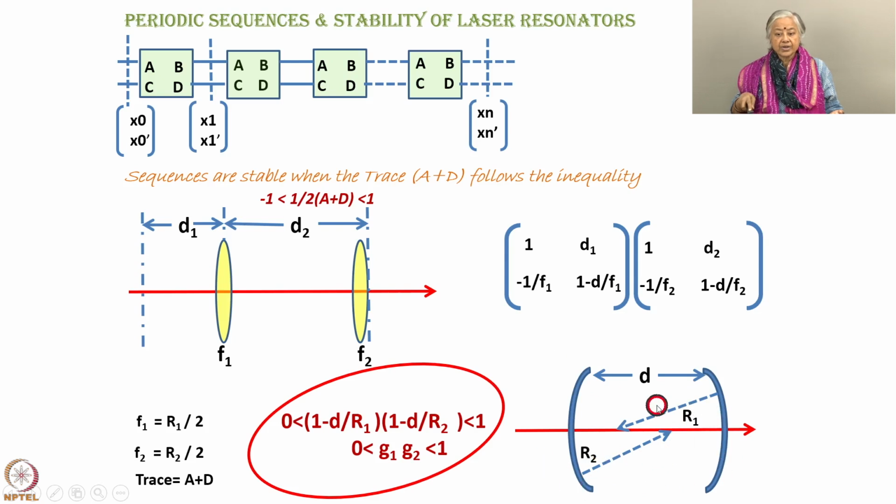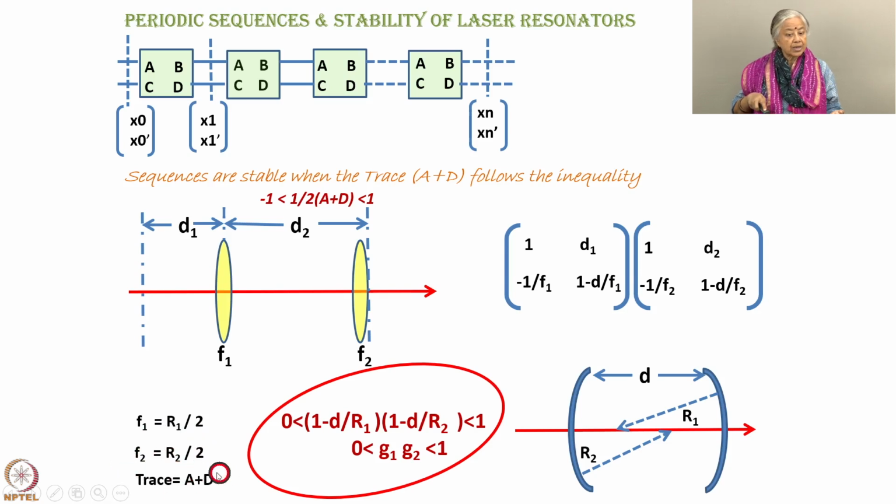So, these are two spherical mirrors which form the resonator, with radii of curvature R1 and R2. F1 is R1 by 2 and F2 is R2 by 2.